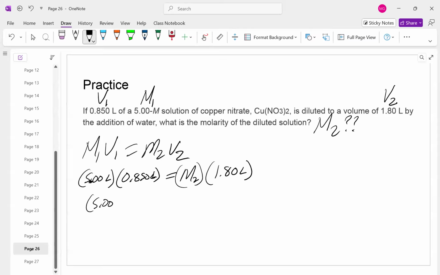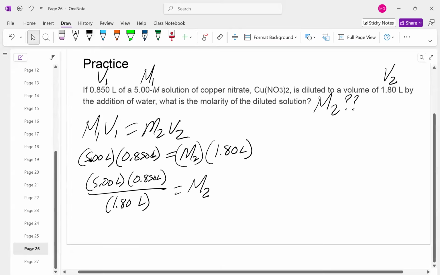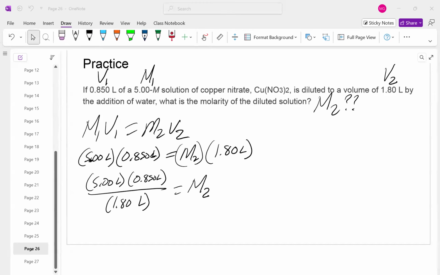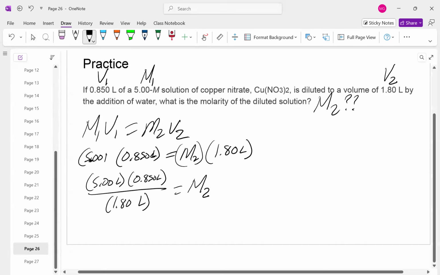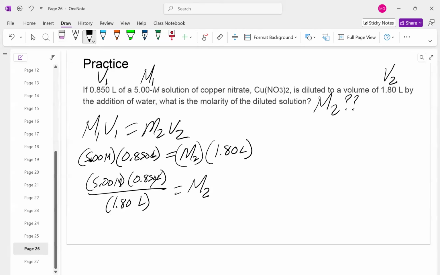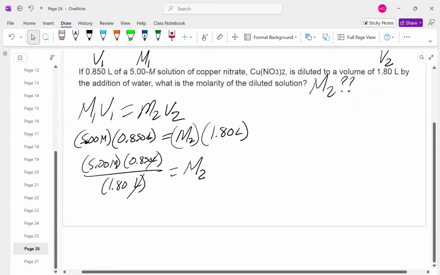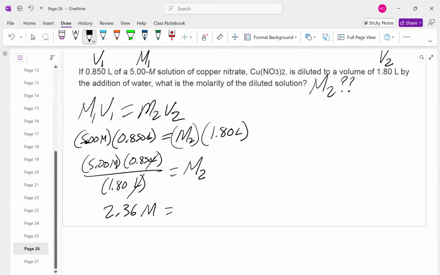So I solve for M2. Oops, I messed up with my units. That should be molar. Notice liters cancel out, leaving molar there. And so M2 comes out to 2.36 molar.